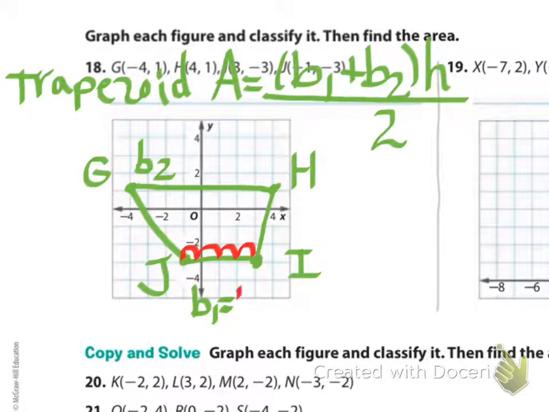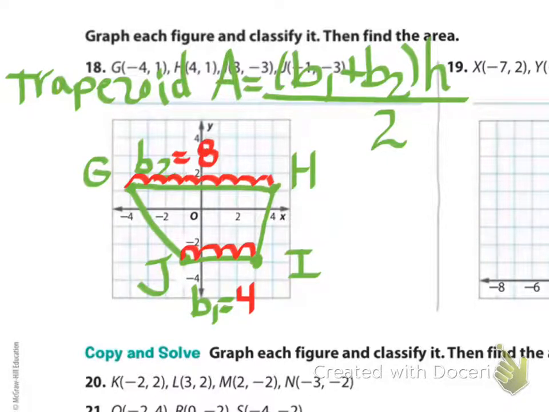So that would be 4 units. For base 2, starting here, you would count all the way over from one vertex to the other. So you've got a total of 1, 2, 3, 4, 5, 6, 7, 8. So B2 equals 8.